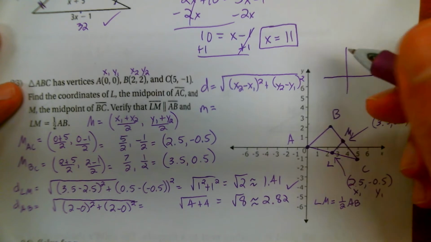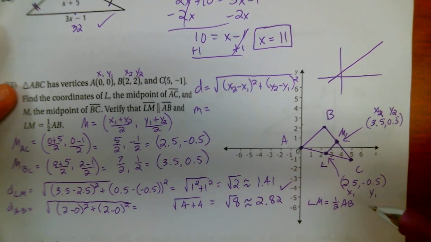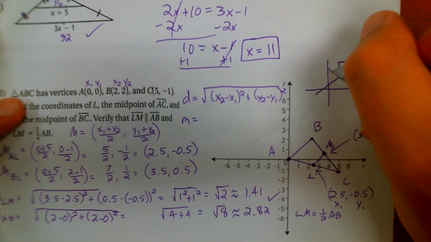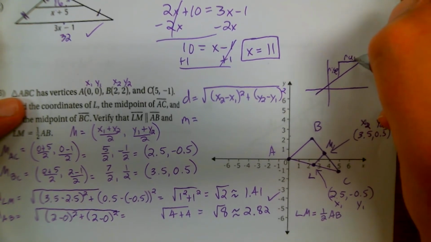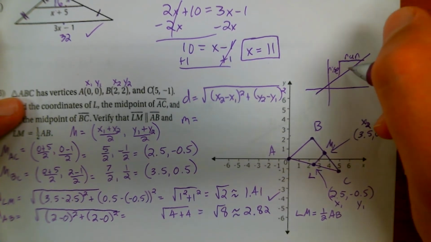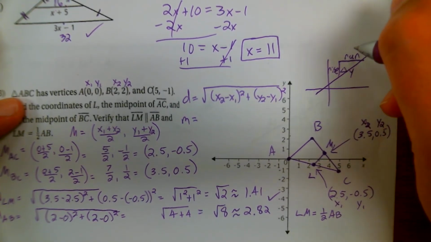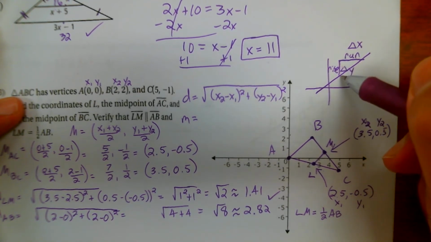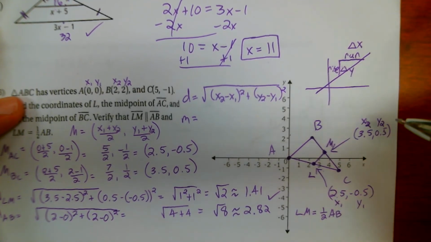If I have a line and I'm trying to find the slope, most of you guys remember it's rise over run. Another way to think about it is your delta y over your delta x, the change in your y, your vertical change over your horizontal change.